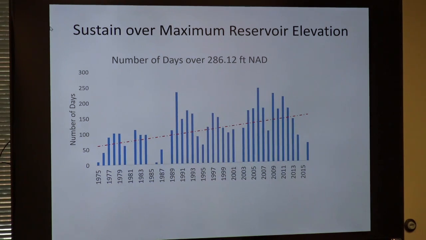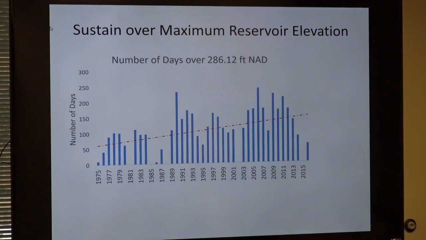And this bar chart is just to show the number of days the reservoir in fact has gone over that 286.12. If you remember, that's the maximum reservoir volume, 37,000 million gallons per day.